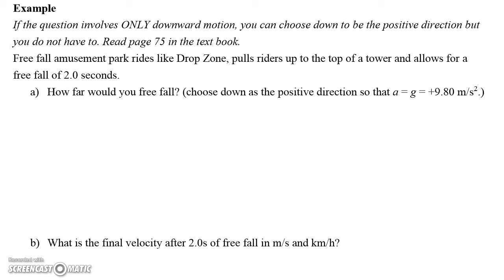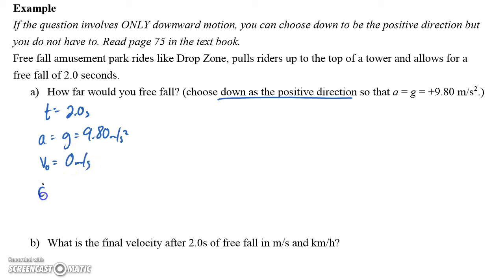So in this case, our initial values are time equals 2.0 seconds, acceleration equals positive gravity, just because we're saying that down is positive. Just because if we don't have to deal with the negatives, why bother?